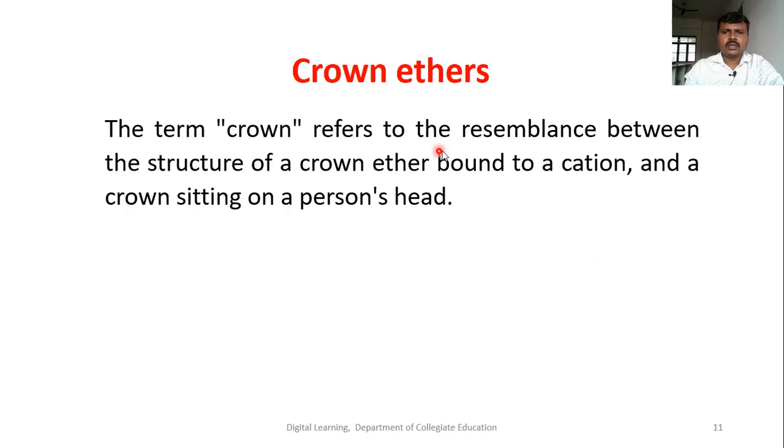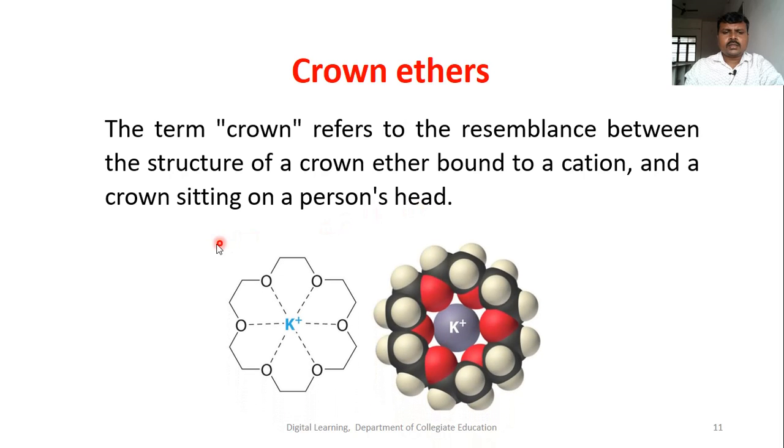The term crown refers to the resemblance between the structure of a crown ether bound to a cation and a crown sitting on a person's head. This is the crown ether because it can accommodate a cation, generally metal ions like sodium plus, lithium plus, potassium plus.